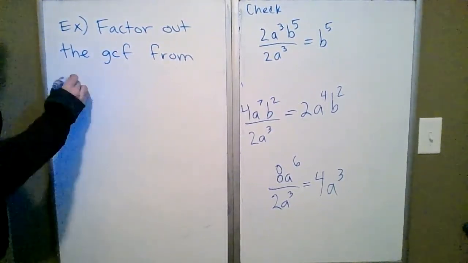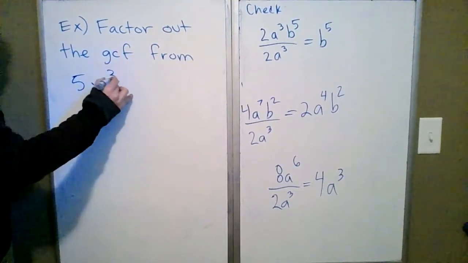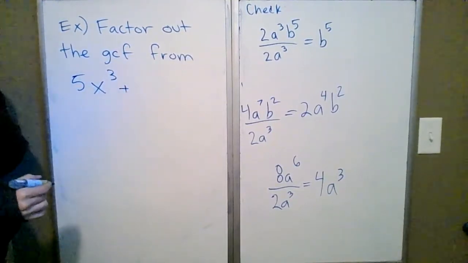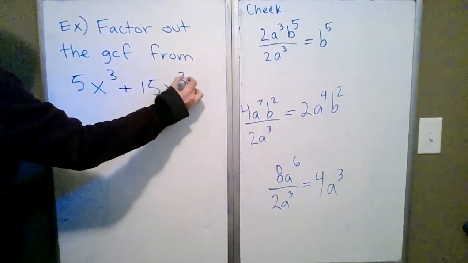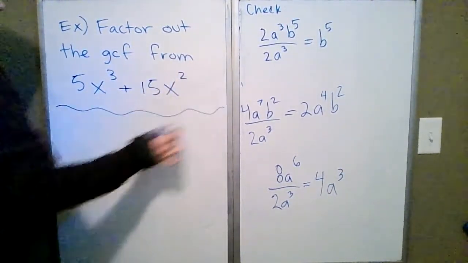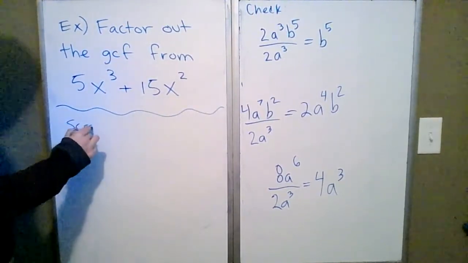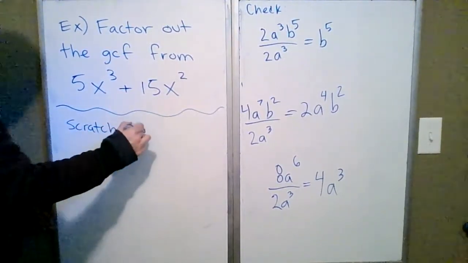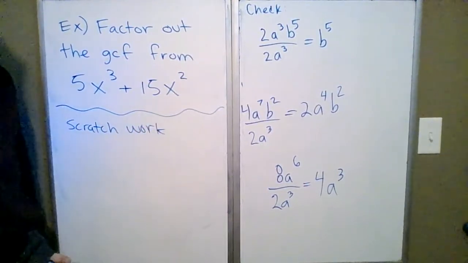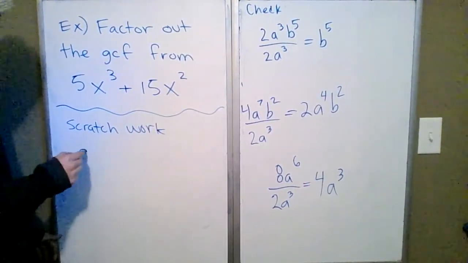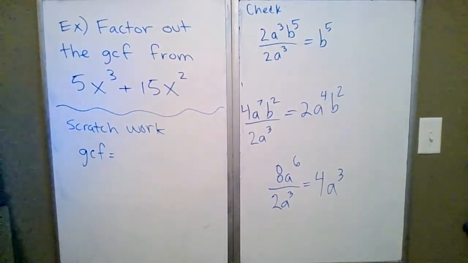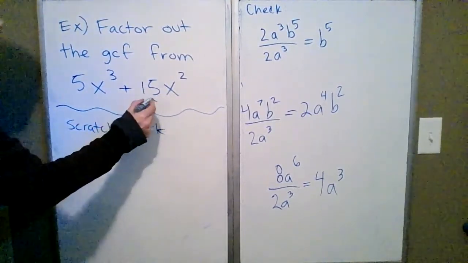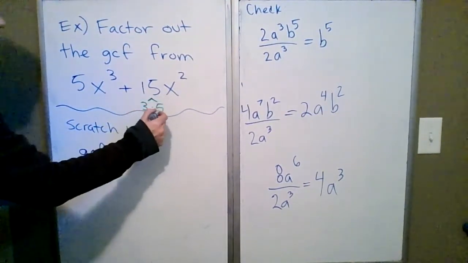Five x cubed plus 15x squared. Okay, first I just want to find the greatest common factor. Well, let's factor the numbers. The first one's fine, 5. 15 would be 3 times 5.